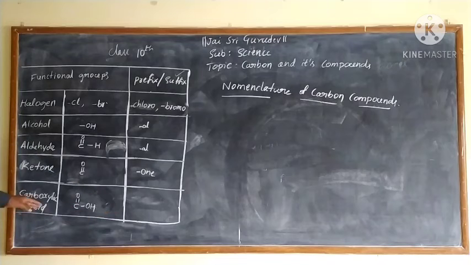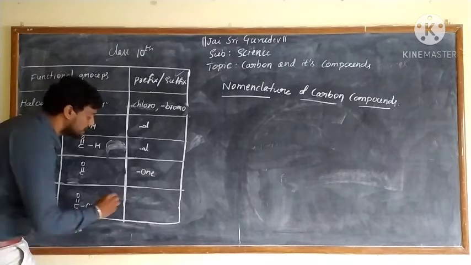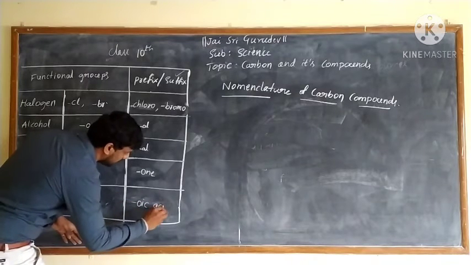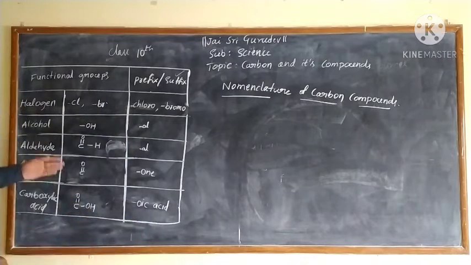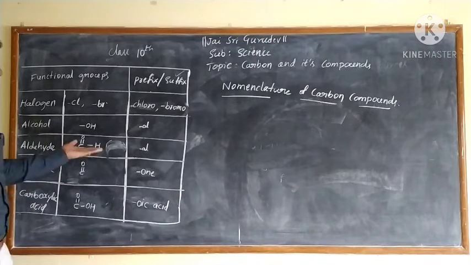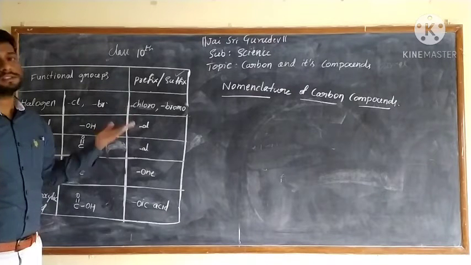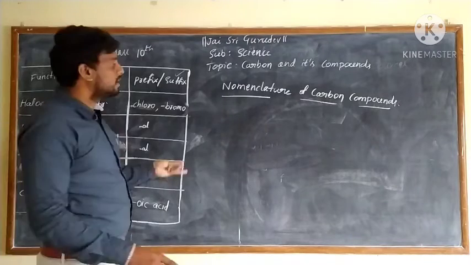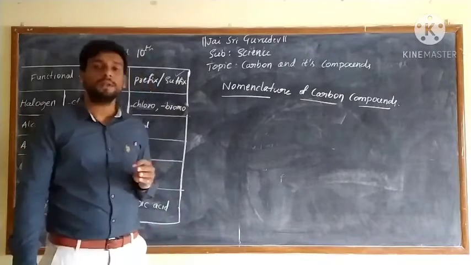The suffix of carboxylic acid is oic acid. So these are the functional groups and their prefixes or suffixes. Dear students, from this chart, now let us study the nomenclature of carbon compounds.